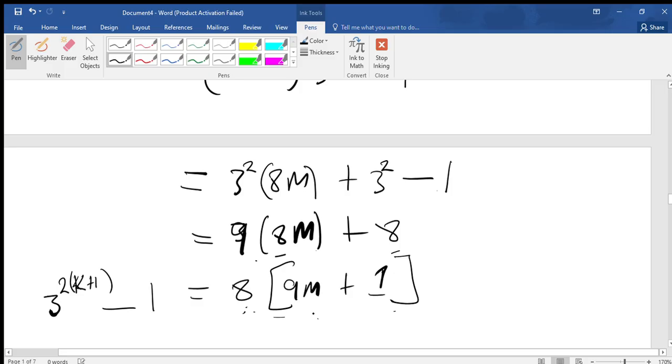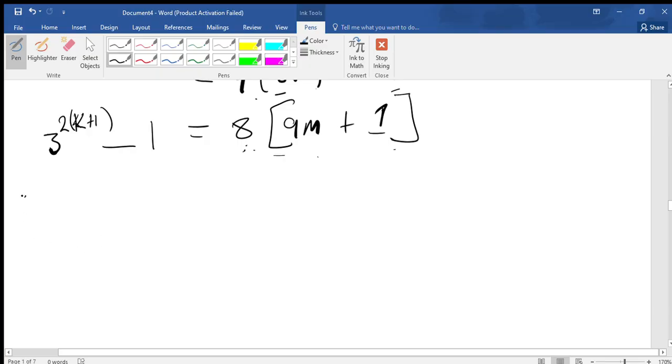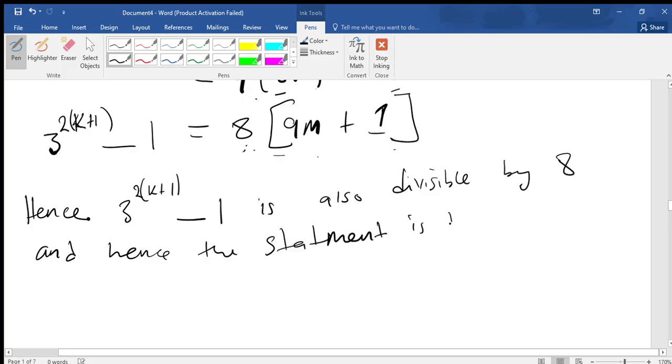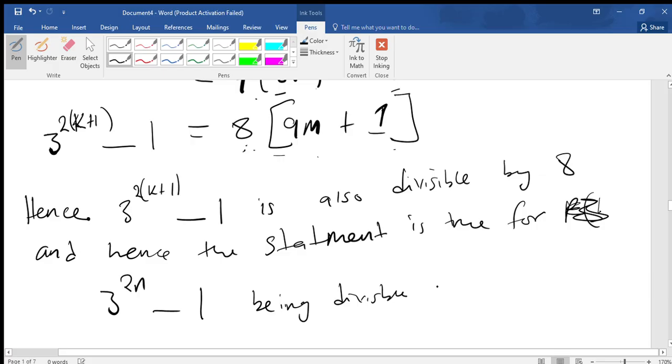Hence you can say that 3 power 2k plus 1 minus 1 is also divisible by 8, and hence the statement is true for 3 power 2n minus 1 being divisible by 8, and you are done.